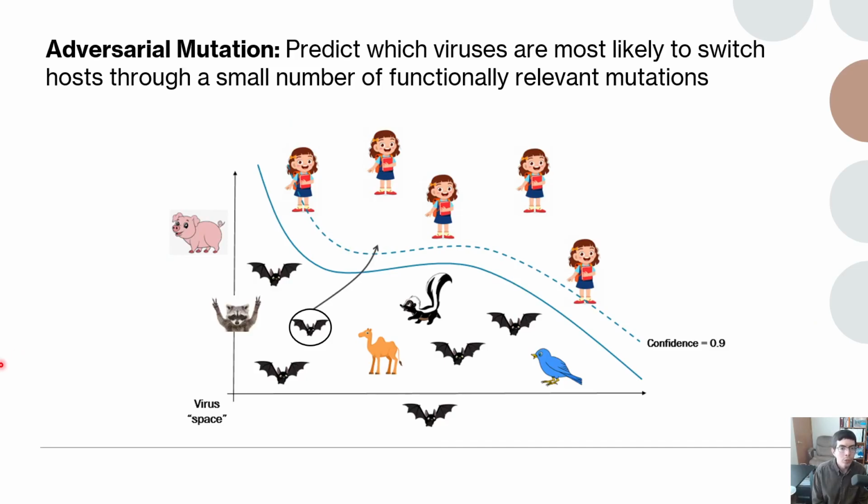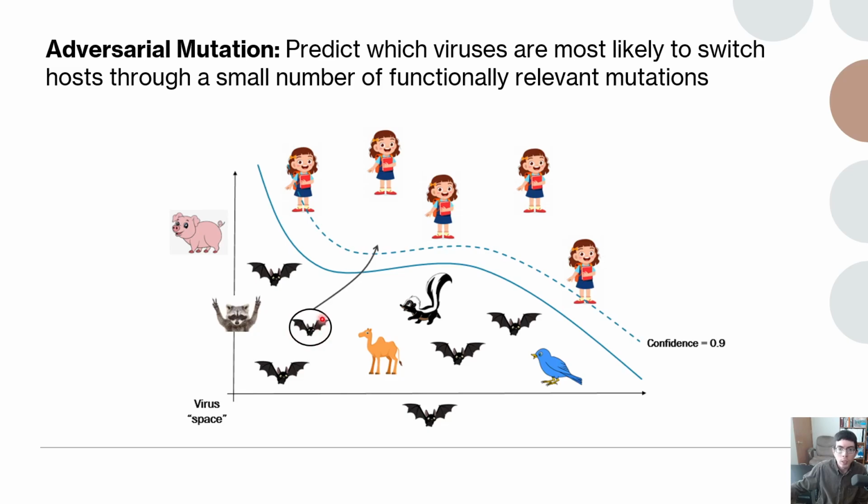Our work introduces a methodology that we call adversarial mutation, which uses adversarial machine learning to explore mutations that pose a high risk of spillover. We start with a model that has learned to discriminate between human and non-human infecting viruses, and a query sequence, for example, this bat virus.